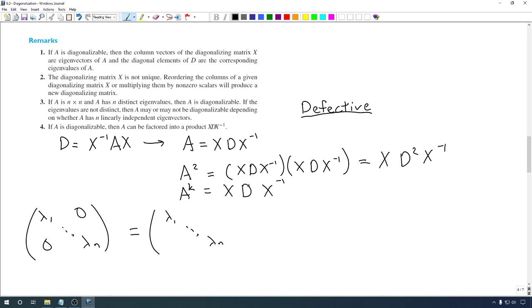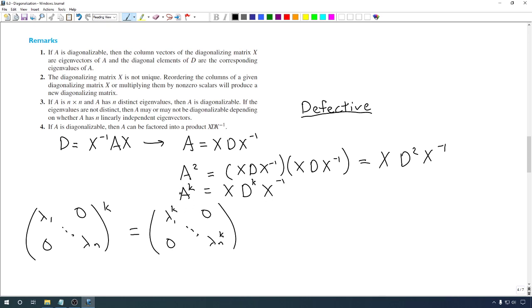So here, just any power doesn't have to be the same as the size of the matrix. But we just take all of our lambdas and take them to the same power. And so it's really easy to get this power in the middle. We already know what X is, and hopefully we know what X inverse is. That's probably the trickiest part of the computation, really. And then finding any power of A is just as simple as multiplying together those three matrices.